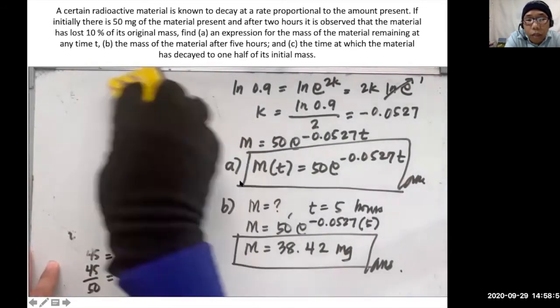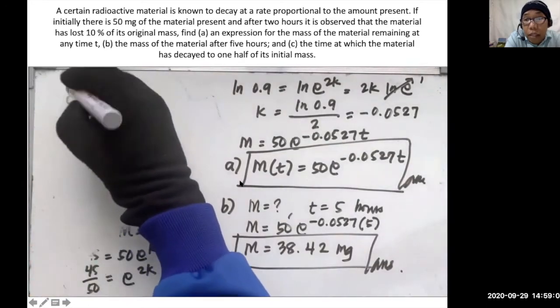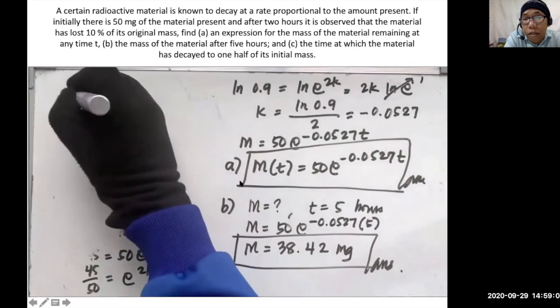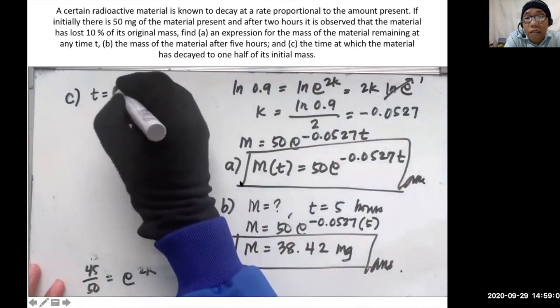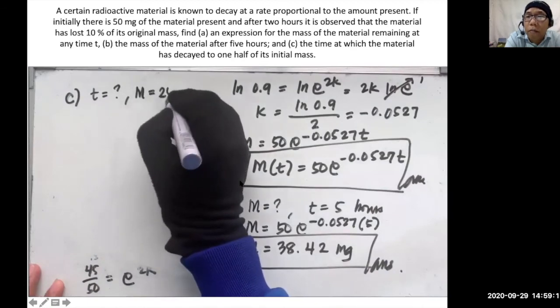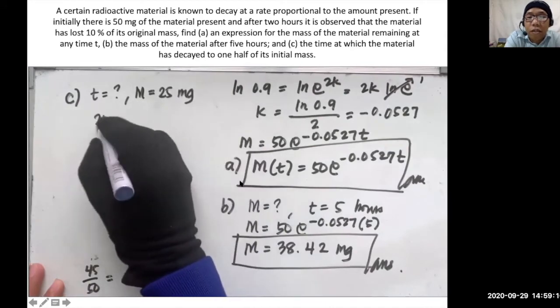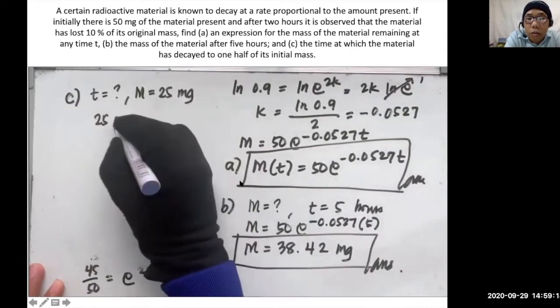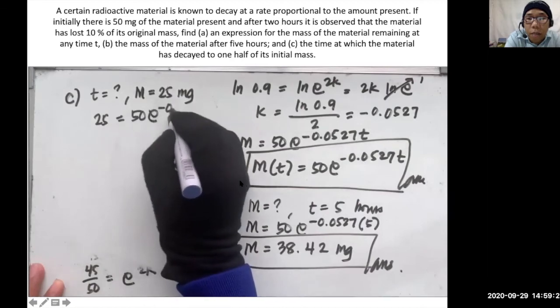Now, the next item is we are to solve for the time at which the mass will become 1/2 of its initial value, or that is 25 milligrams. We're expecting to have a time greater than 2 hours, it should be longer. So we are going to use the equation in letter A, the mass at any time t.